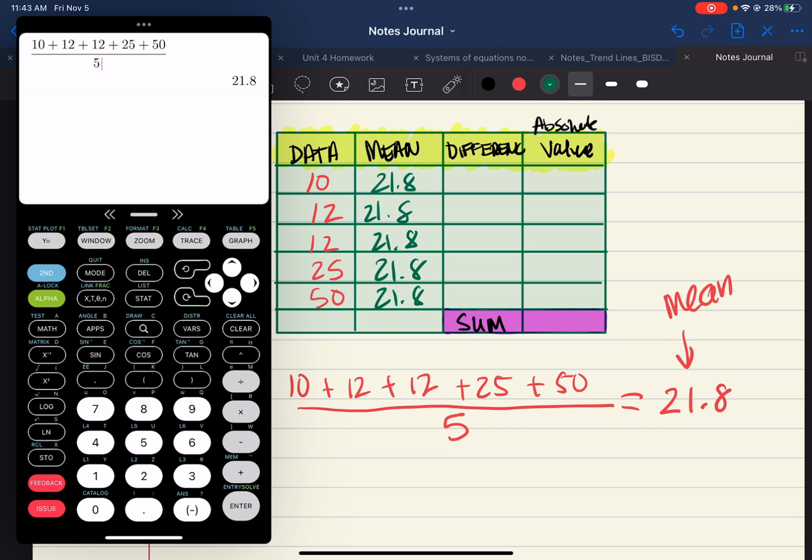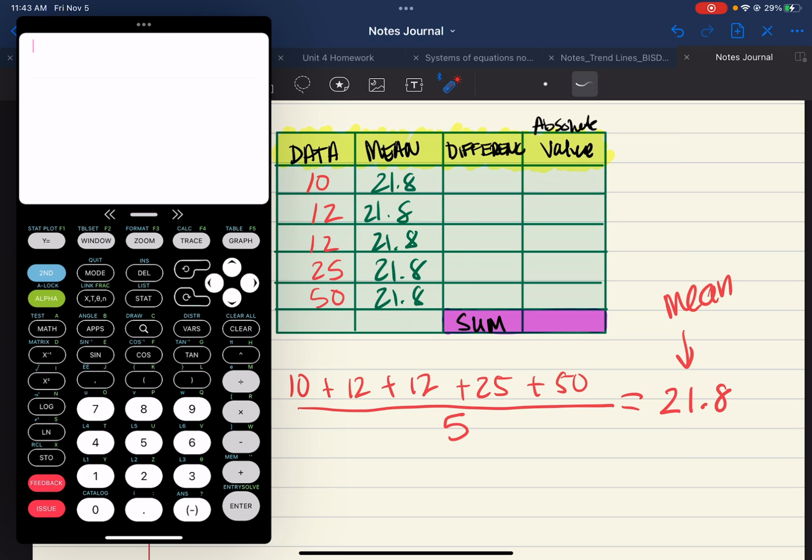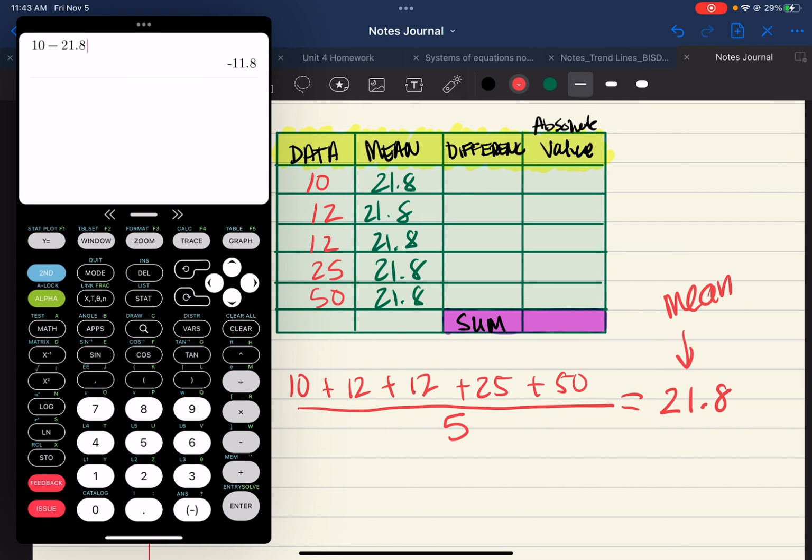Now this column wants us to find the difference between the data and the mean. That's why I wrote it all in one column, the same thing. So we're going to subtract these two numbers and put them here. 10 minus 21.8 is negative 11.8.